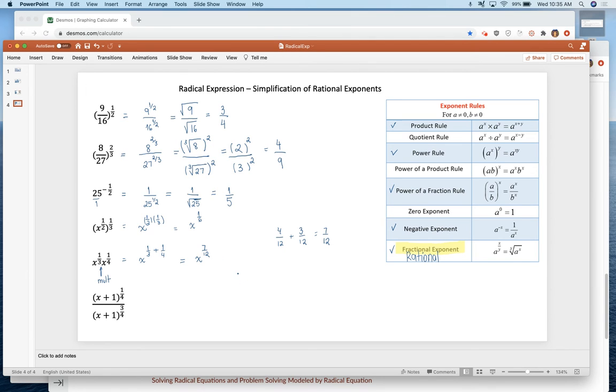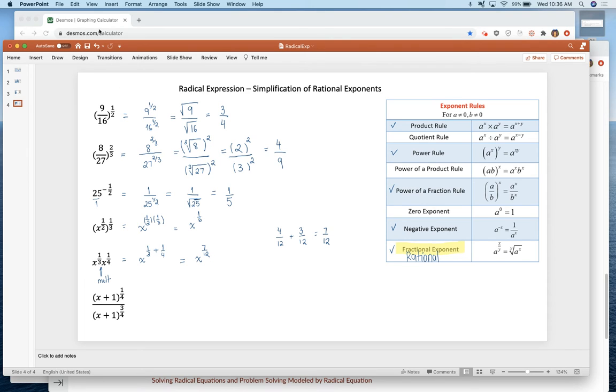And this is your final answer, because there is no way to obtain a value for it. It's not a numerical expression, it's just an algebraic expression. So to multiply two exponents with the same base, it results in one base, that's the common one, and the new value for the exponent.